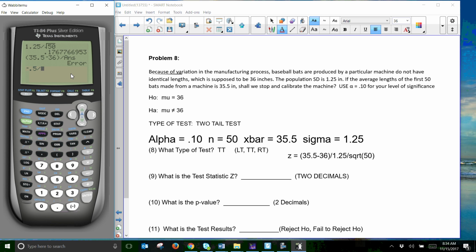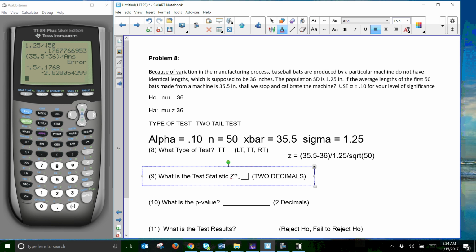I'm going to divide that by, we'll round this to 4 decimals, 0.1768. All right. That gives me a z-statistic of negative 2.83. We'll round that to 2 decimals.